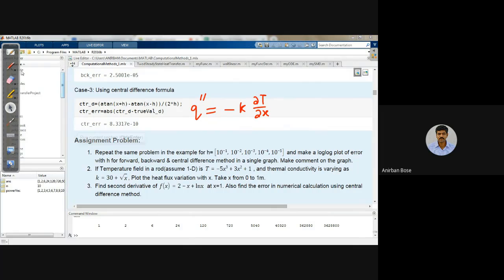That is the question. Definitely, if this is the rod and we consider some grid points like this, then for all the intermediate points, meaning points that have other points on both sides, and these are the end points, you can use the central difference formula.